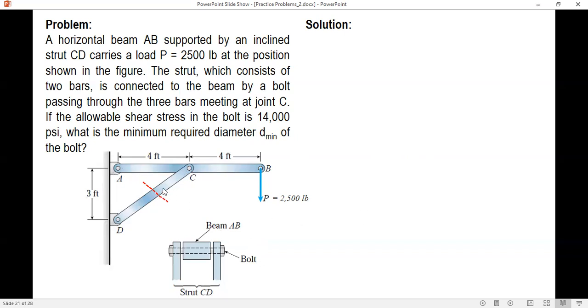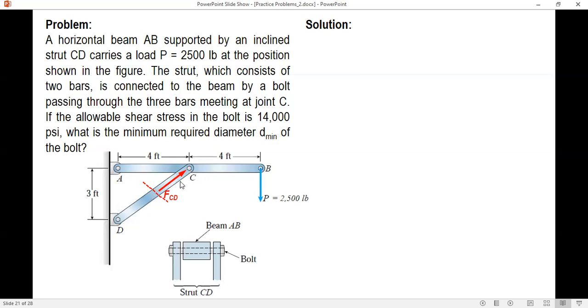So we should assume the force in CD is compression, FCD.